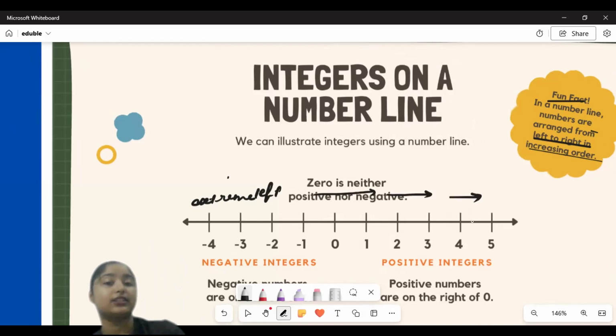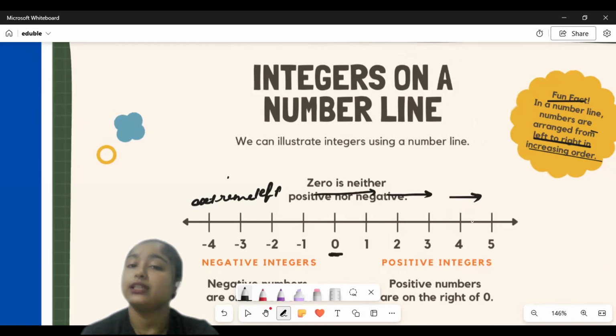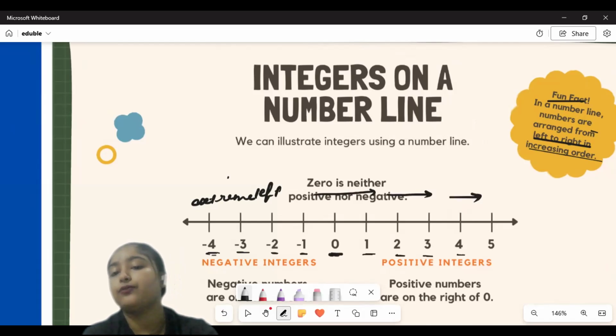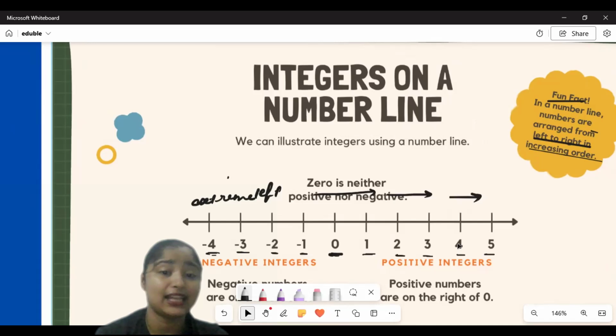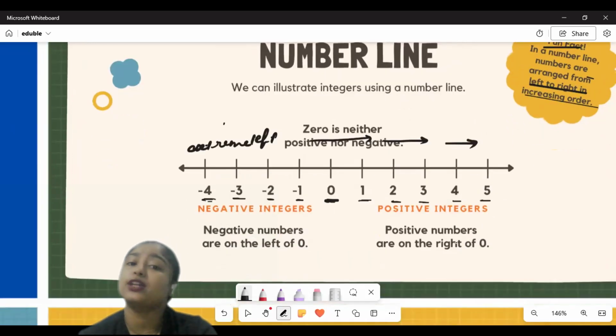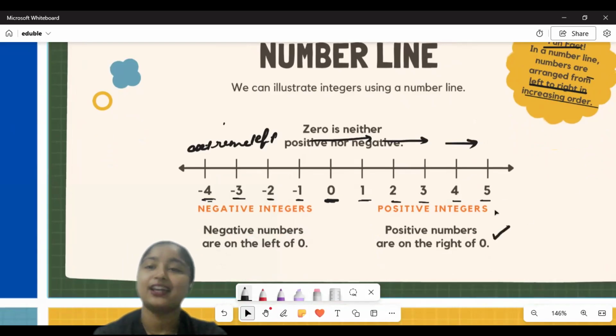So that is why it is said that the numbers are arranged in increasing order, where zero is neither a negative nor a positive number, right? Now, if you look, -1, -2, -3, -4, these all are smaller numbers, whereas 1, 2, 3, 4, 5, they are increasing, okay? As you have already seen, negative numbers are on the left of zero, positive numbers are on the right of zero, yeah?